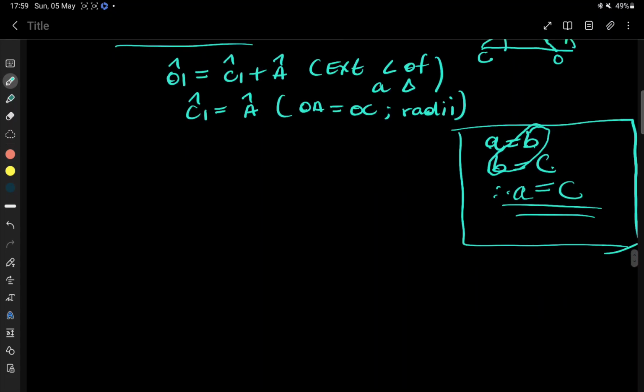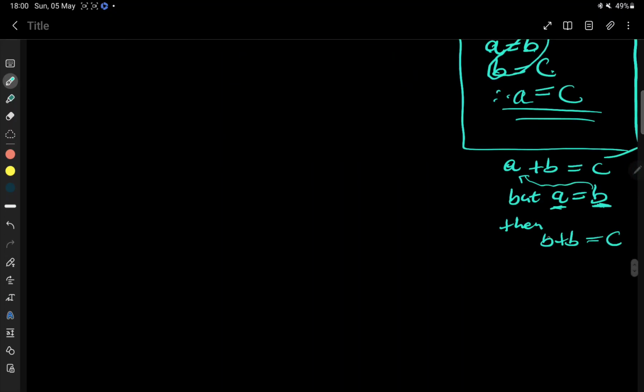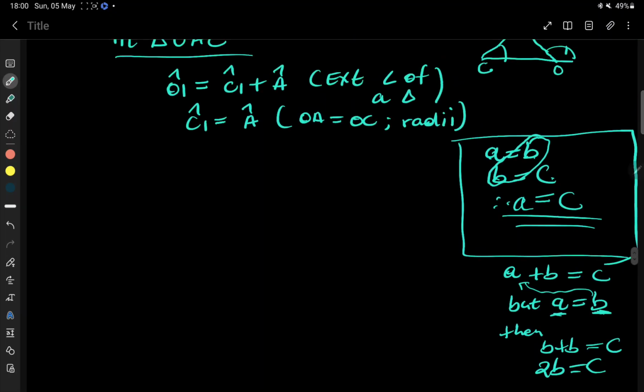Also, we can say A plus B is equal to C. But if A is equal to B, it means in replacement of A, we put a B. It's going to be B plus B, which is equal to C, which is 2B. 2B is equal to C.